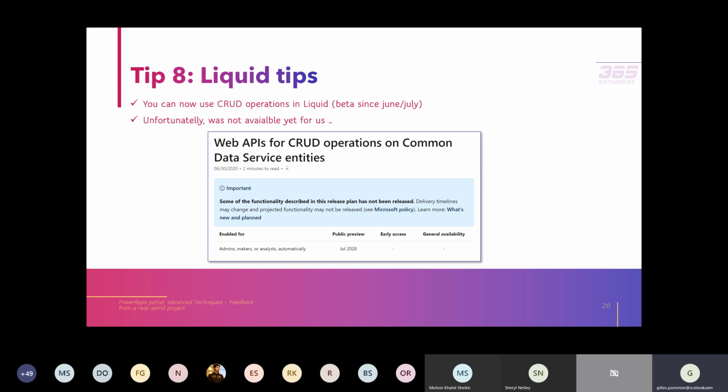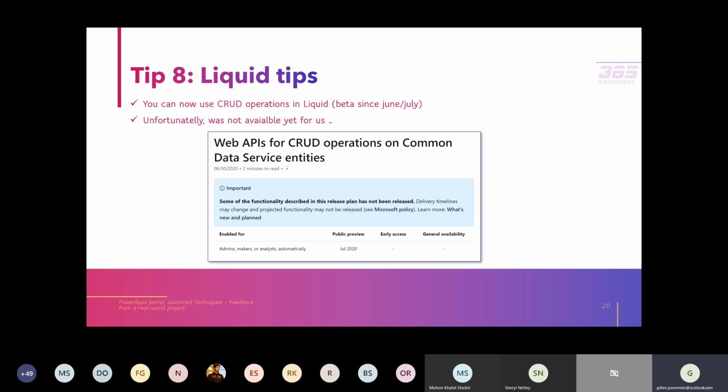Well, and the last thing with the Liquid tips is that now there is the CRUD operation that is available in beta since June, July. I didn't test this one, but you must think of this solution, because this is something very useful, and it was really a limitation of our project. It was not available on our project, so we didn't have the opportunity to use the CRUD operation.